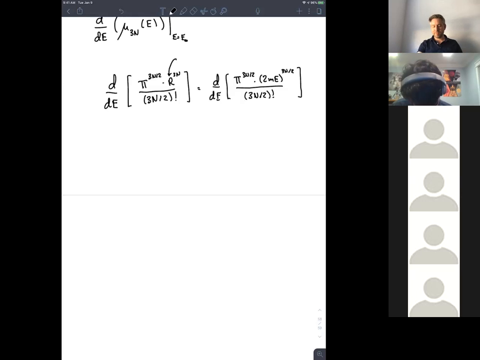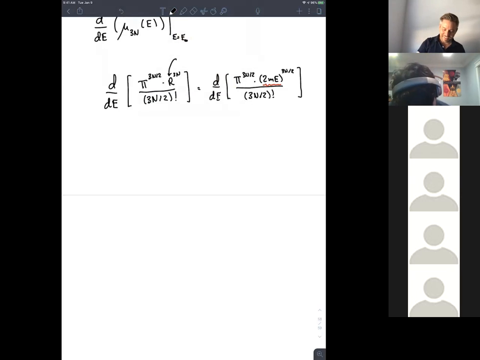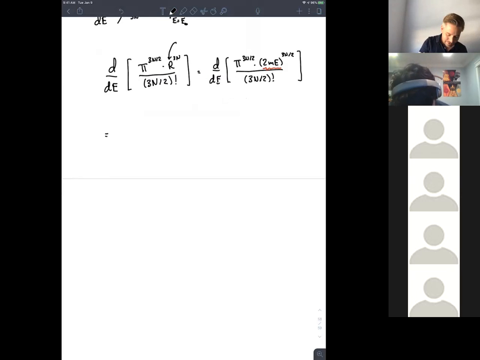Piece of cake, right? Yeah, pi is a constant. No matter how freaky it is, 3n over 2 factorial is also a constant. All we've got to do is take the derivative of this silly little thing. And even I, a biological experimentalist, can do that, okay? Okay, so we just do it. So what we get is that this is equal to pi to the 3n over 2, because it's just a constant, divided by 3n over 2 factorial. Okay, so we just pull all my constants through, and then I take the derivative of this silly little thing.